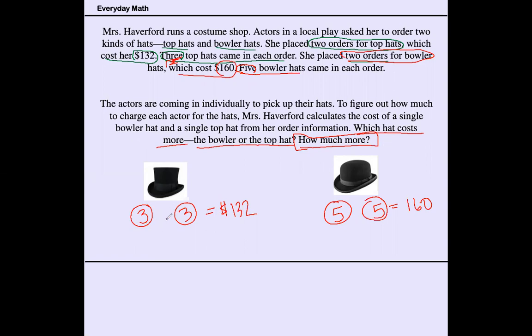So this is what I would do. So altogether there are 6 hats. So I would do 132 divided by 6. Let's say 6 times 10 is 60.